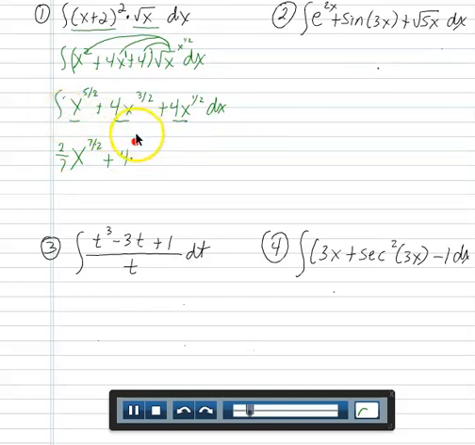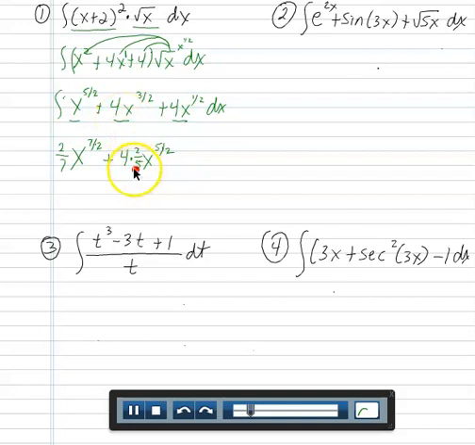Now the next term, the 4 as a constant multiplier or coefficient comes along for the ride, and we'll just focus on the x to the 3/2. In taking the antiderivative, we'll add 1 to 3/2 to get 5/2. Now in taking the derivative, that 5/2 would have come out front before being decreased to 3/2.